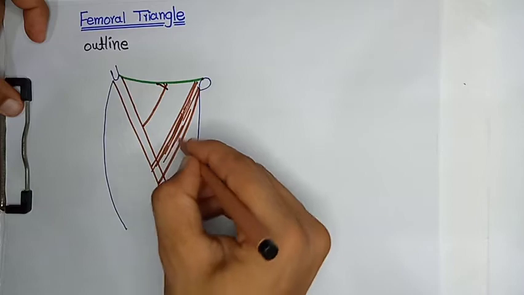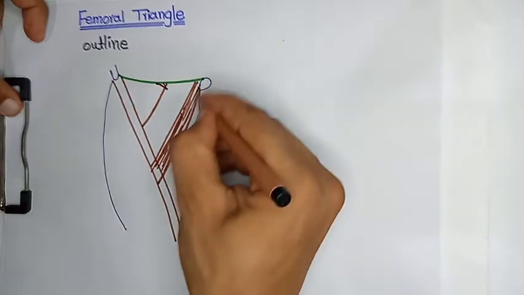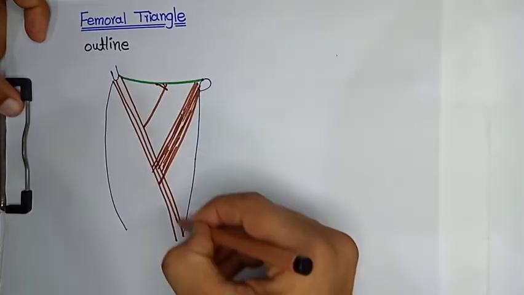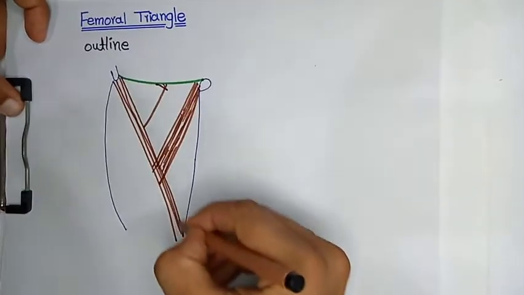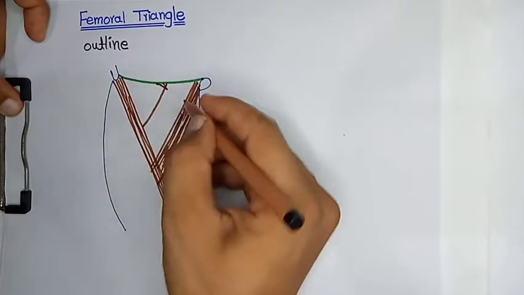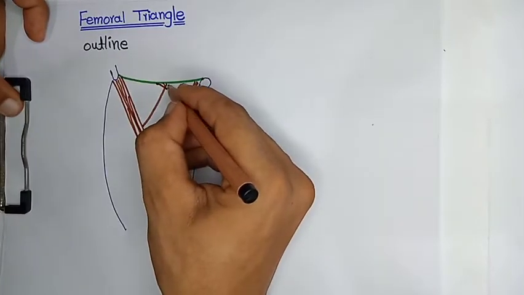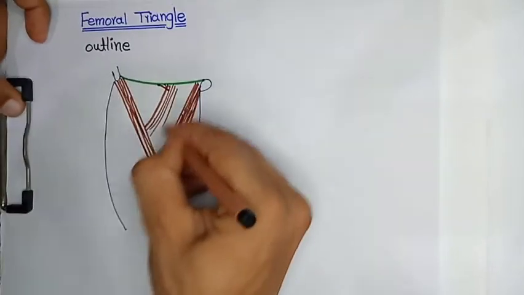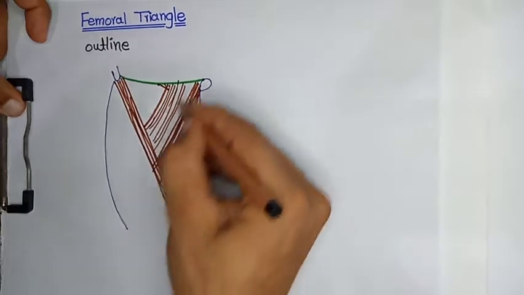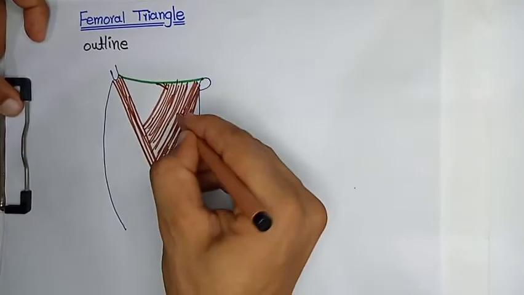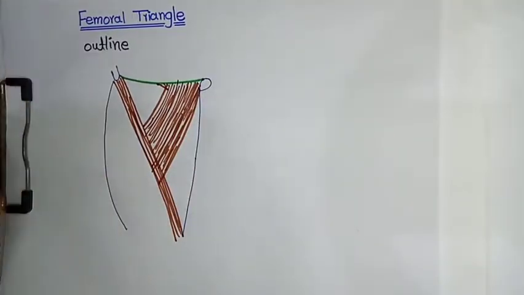Now, these fibers represent the direction of muscle fiber, and this is for sartorius muscle, where the muscle fibers run longitudinally, and this is the pectineus muscle.